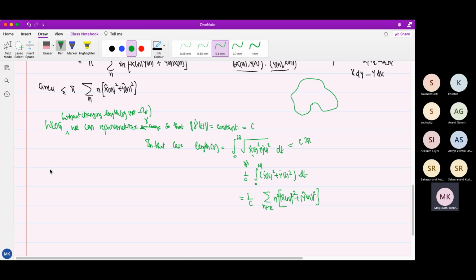So the length is 2 pi c. So let's write it as length times c, which is again length squared by 2 pi.